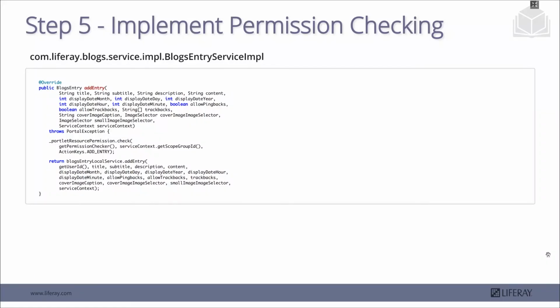Over in our implementation class, as we add a blog entry in this example, we are also going to do our permission check. We're going to be checking specifically for that action key, add entry. And once we do the permission check, we'll then make a call to actually add our entry.